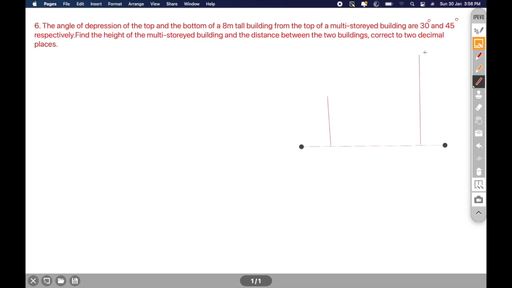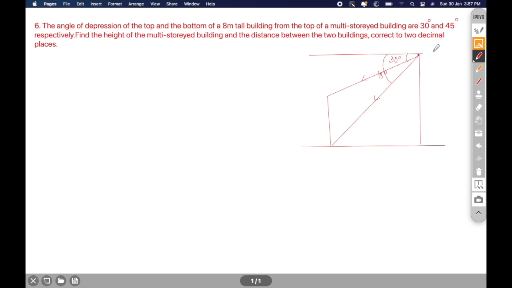So you are looking from the top of the multi-storied building to the 8 meter tall building top and bottom. So we are looking down to this. Now here the angles of depression are 30 degree and 45 degree, right?